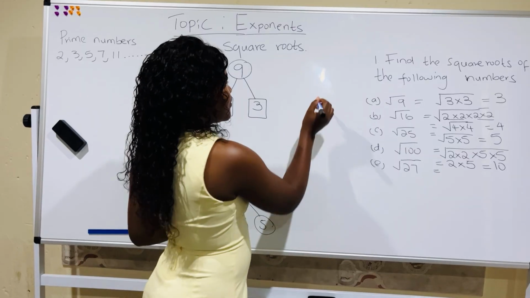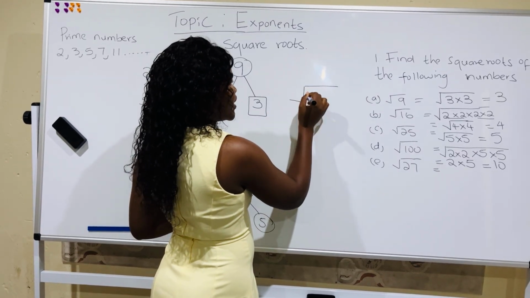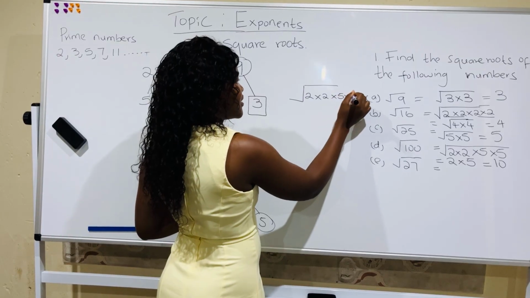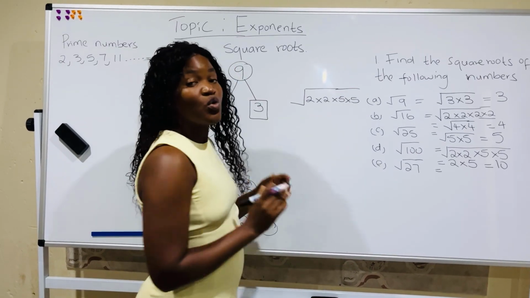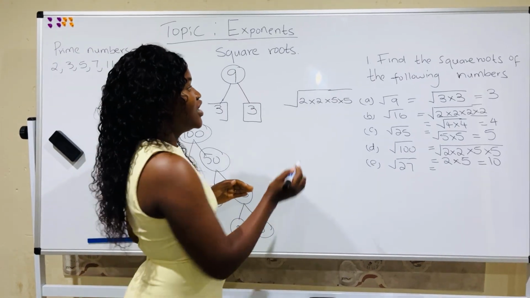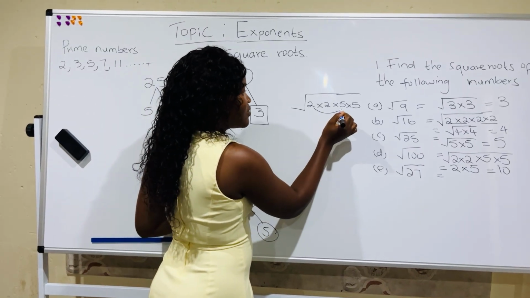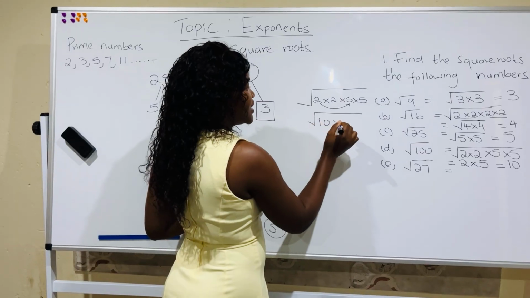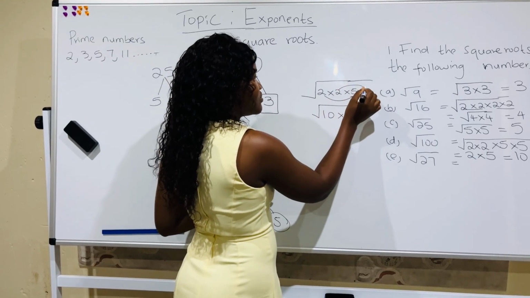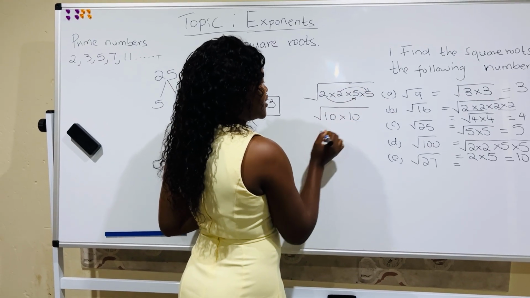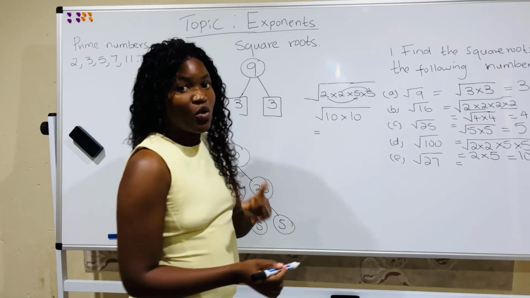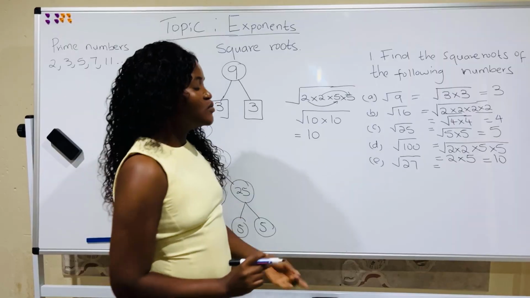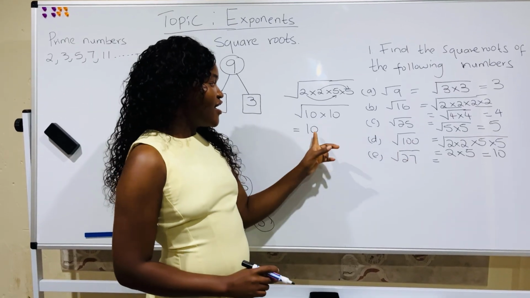Or from here, 2 multiply by 2 multiply by 5 multiply by 5, we can just say 2 multiply by 5, which is 10. That means the square root of 100 is 10.